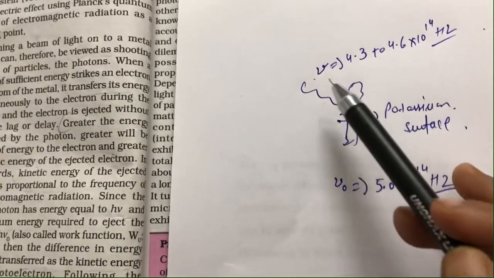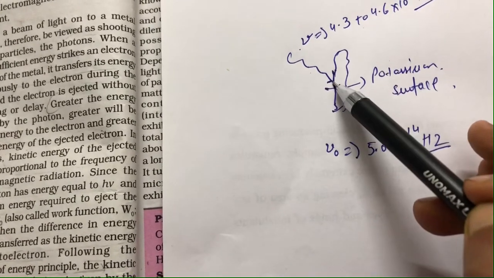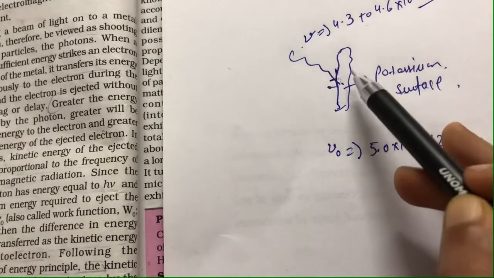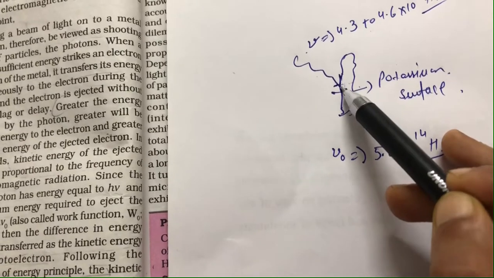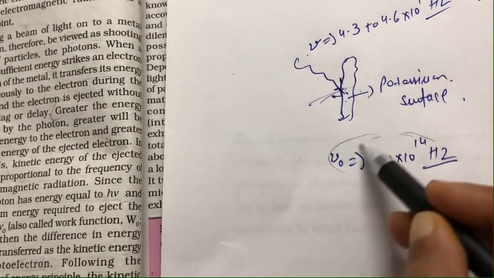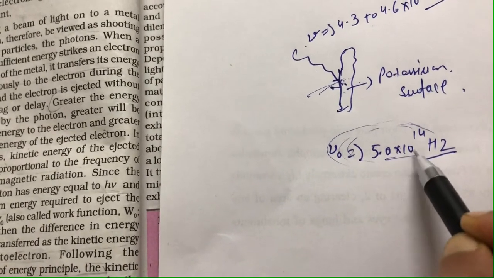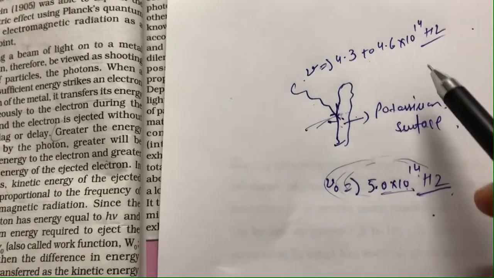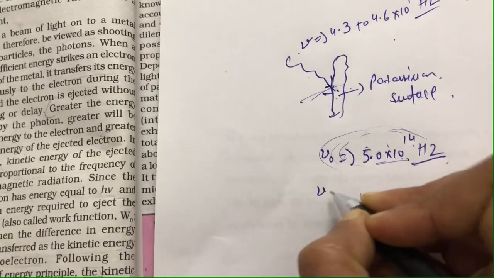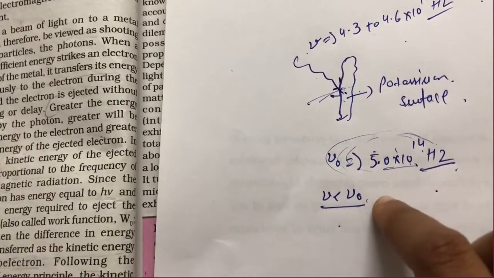It means if we are making light radiation with this much frequency incident, then the potassium surface will not be able to eject an electron from its surface, because the frequency required for emission of an electron is near about 5 into 10 raised to power 14 hertz. But here we have a frequency less than nu naught. Clear? Here you can see that nu is less than nu naught, so there will be no photoelectric effect.